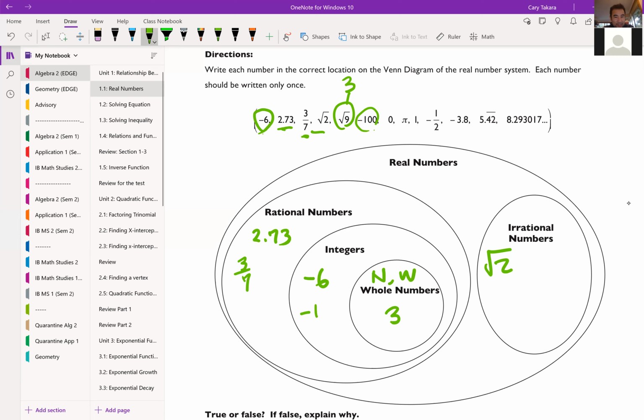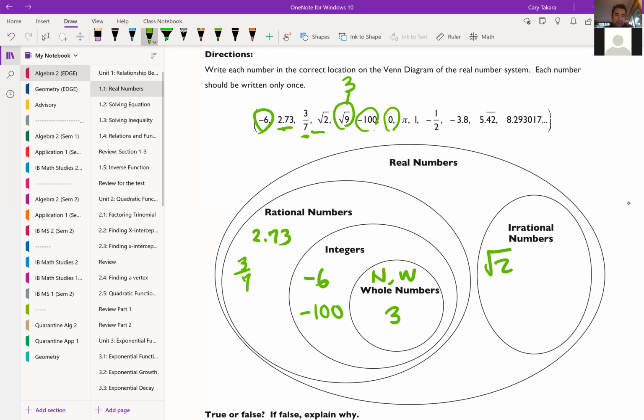You should be putting inside integers. Yeah, whole numbers are all positive numbers. So you don't want to classify negative 100 as a whole number. Okay, whole numbers are all positive. Okay, so it needs to be integer.